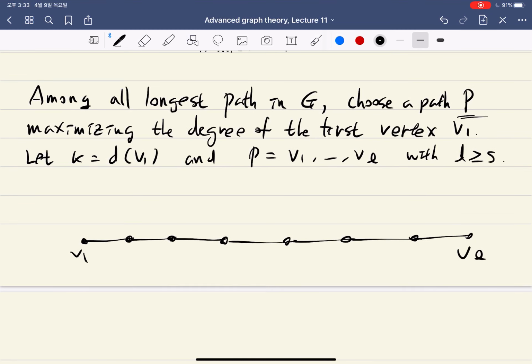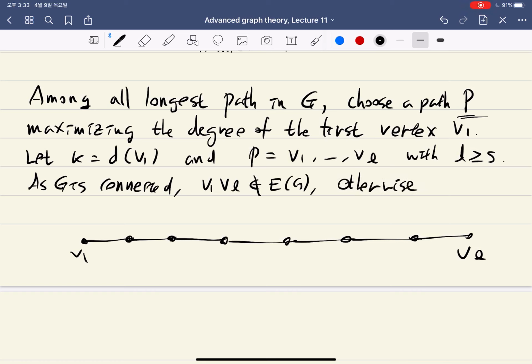And we note G is connected. p1 pL is not an edge, because otherwise we have a vertex outside, and connectivity implies that there must be a vertex outside which has a neighbor in one of these vertices. Then this yields a longer path.